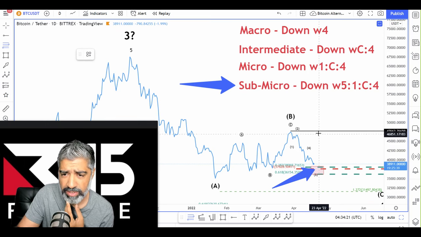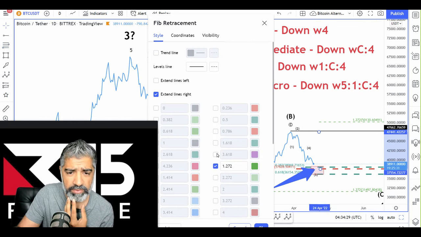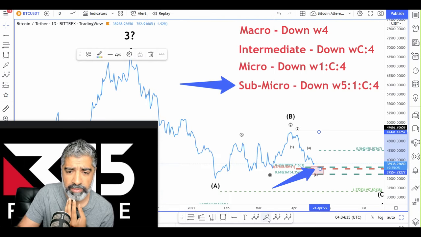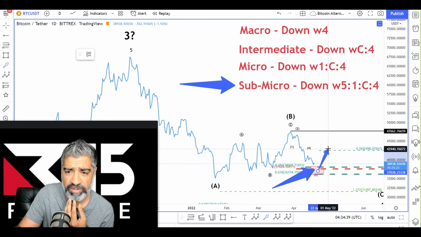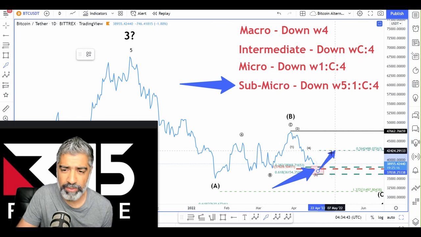What we can do is measure this high to this potential low here. If we do get a reversal, the most common is a minimum of 50%, as in the market will often bounce back up as a correction, but we want to know it's likely to be a correction, and we can see here the number is 42,000.